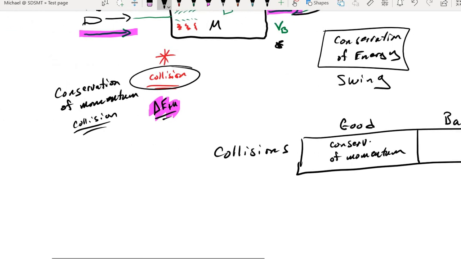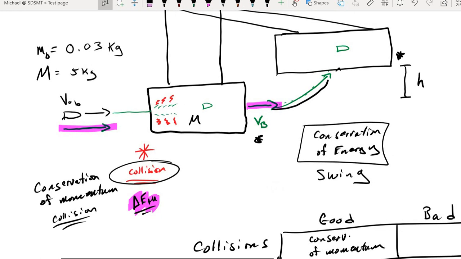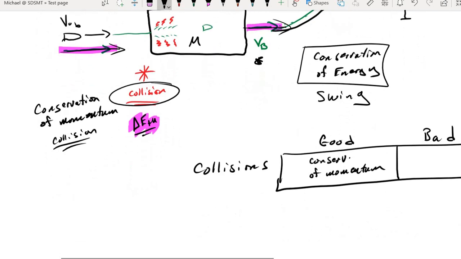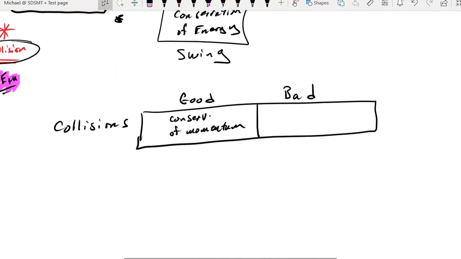As long as our collision remains in a linear fashion, which we have here, we have our initial and final velocities before and after the collision both heading towards the right, then we can do conservation of momentum before and after a collision.